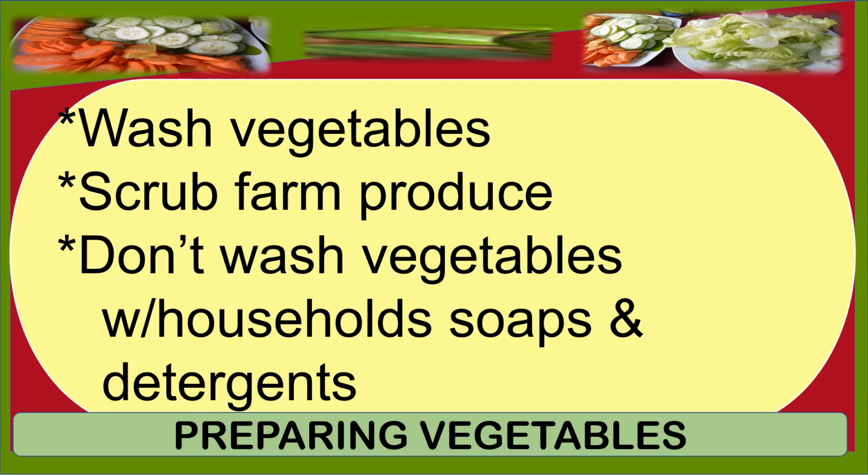Of course, at home or in preparing vegetable dishes, we should have a separate brush that is intended only for cleaning or scrubbing the vegetables. Okay, next, don't wash vegetables with household soaps and detergents. Maybe the soaps and detergents are absorbed in the flesh of the vegetables, right?